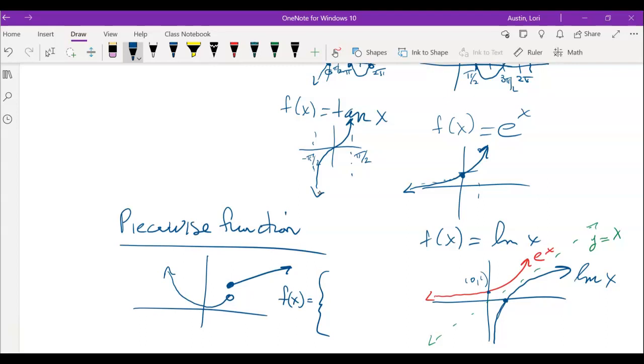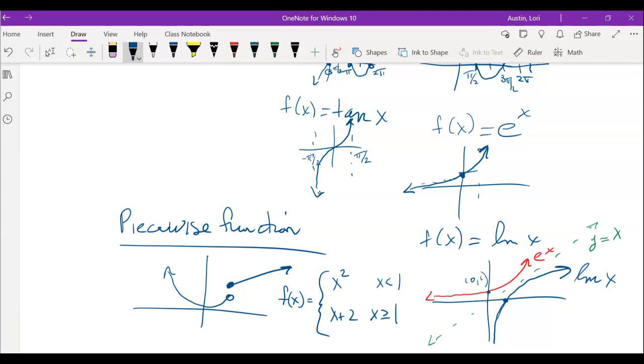So maybe I just want it to be, and I'm totally making this up, but let's let it be just x squared when x is less than 1. Okay? And then it's the graph of x plus 2 when x is greater than or equal to 1. Okay? So that's a piecewise function.